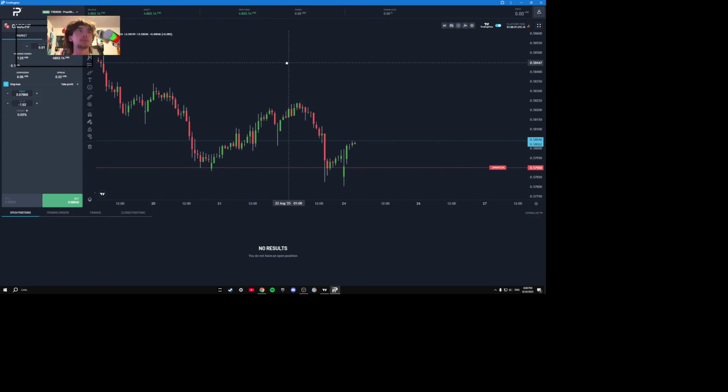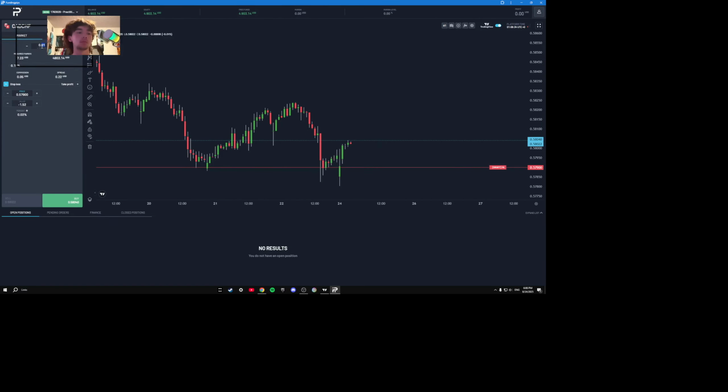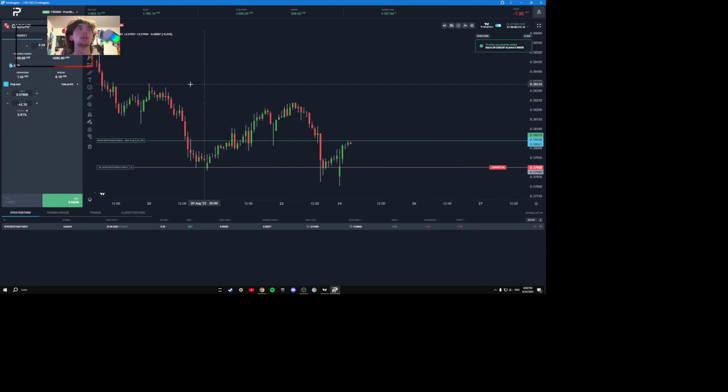Okay. $7 of spread. Holy. What's the spread right now? I guess I am. What the fuck? Okay. Bang. It is $7 spread, so that sucks, but whatever.